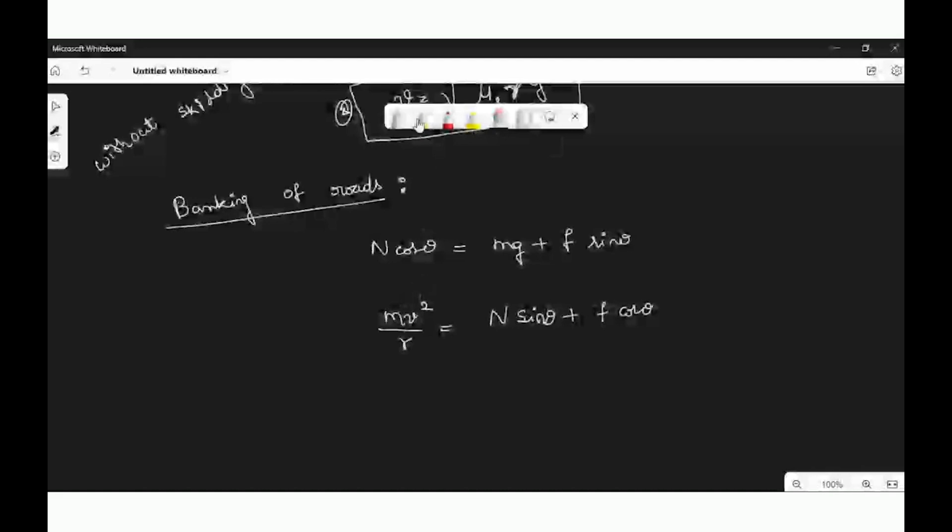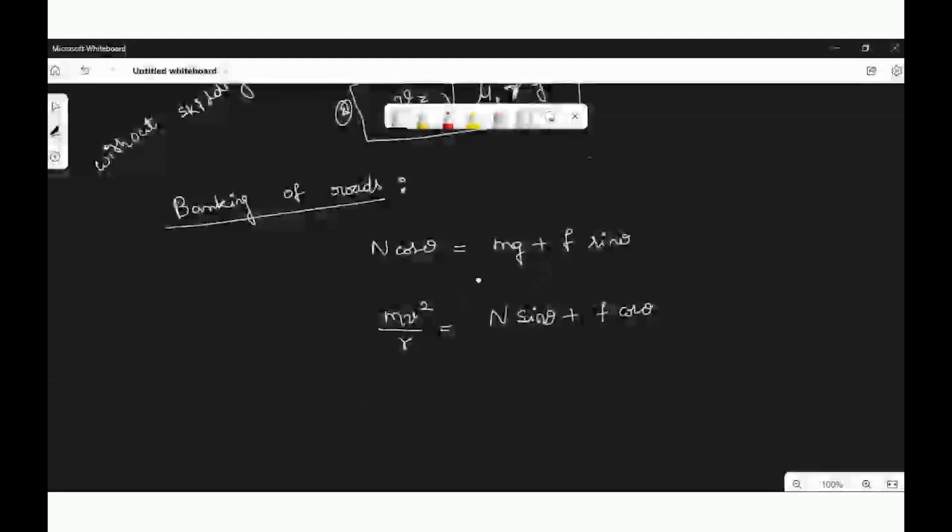It should be greater than root of mu rg, because mu rg is already there with the level road. So our intention is to increase that speed. So now we'll put the value of the frictional force in the two equations.